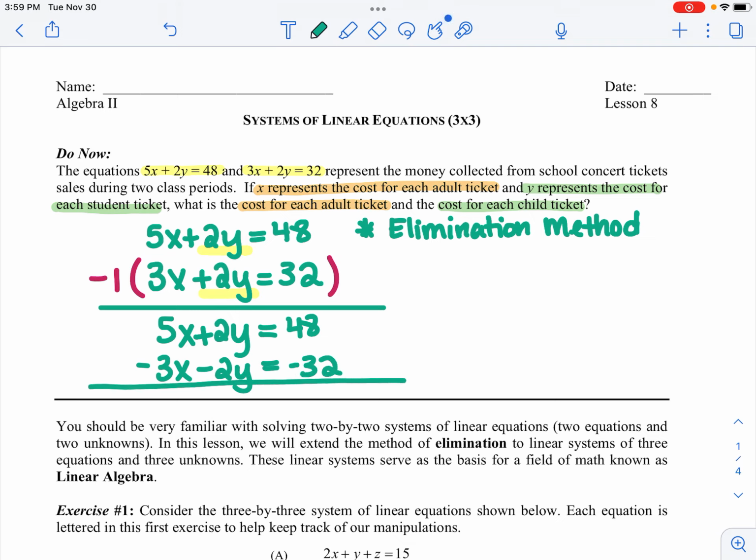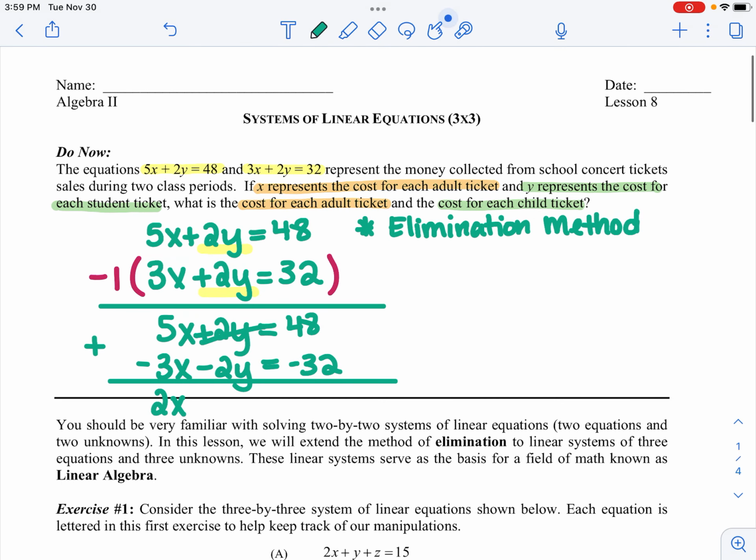Now when I add straight down, I will be able to eliminate the y variable and only have an equation that contains x. 5x minus 3x would be 2x. My 2y and -2y cancel, and 48 minus 32 gives me 16.